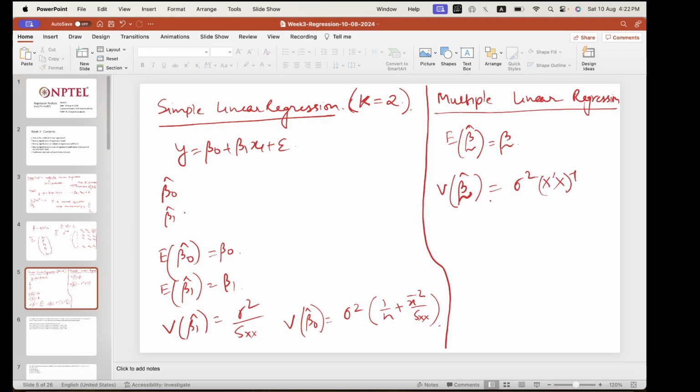And if I want the variance of a constituent element, let's say beta p hat, then that would be sigma square times the corresponding diagonal element of x transpose x inverse.